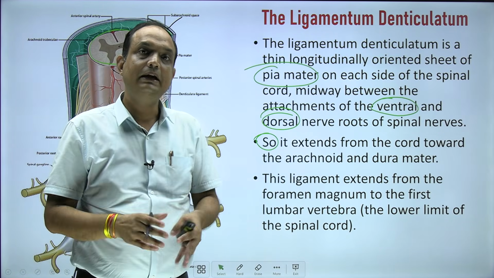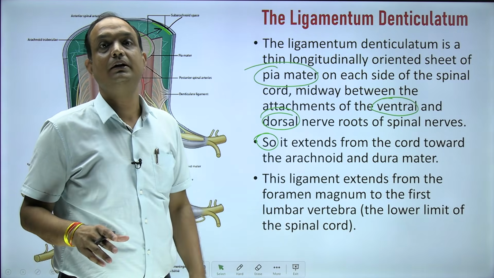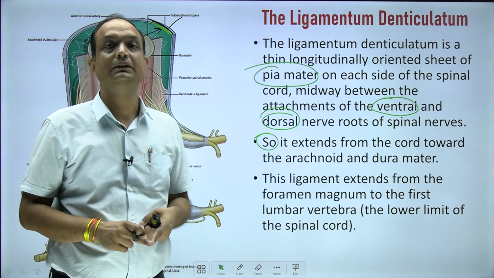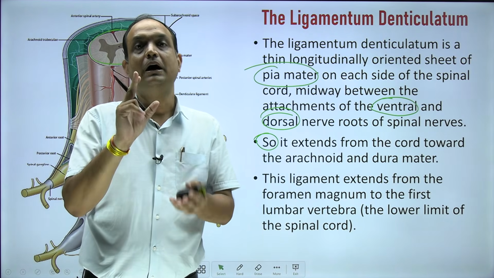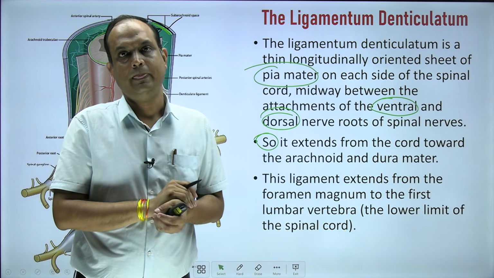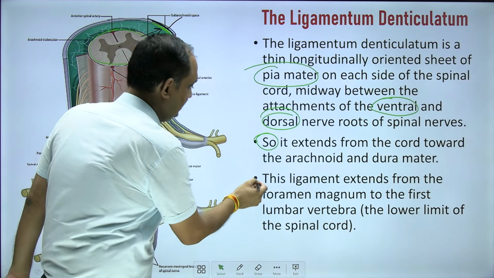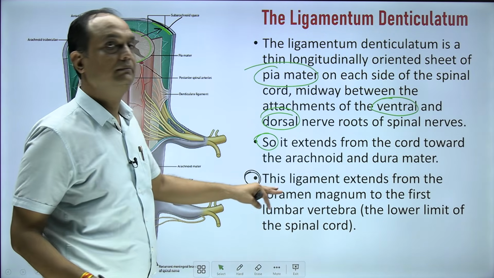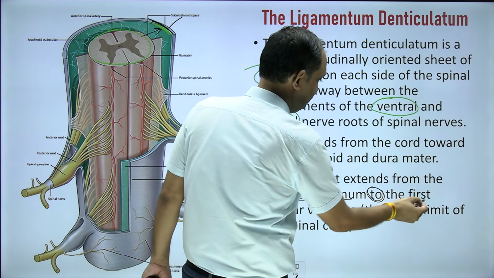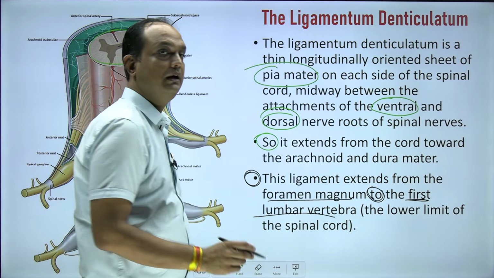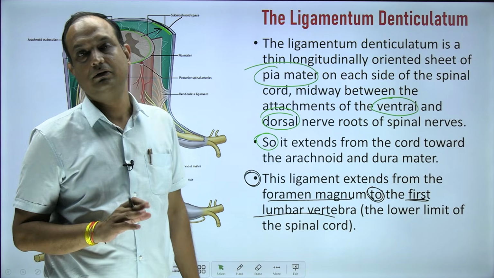You will find all these ligamentum denticulatum in the area of the spinal cord, which is the upper two-thirds of the vertebral column. Now this is the important thing to understand, that the ligamentum denticulatum starts from the foramen magnum and ends at the first lumbar vertebra, that is the lower end of the spinal cord.